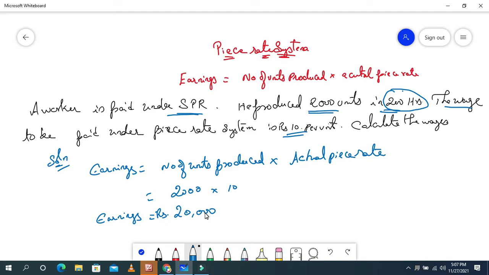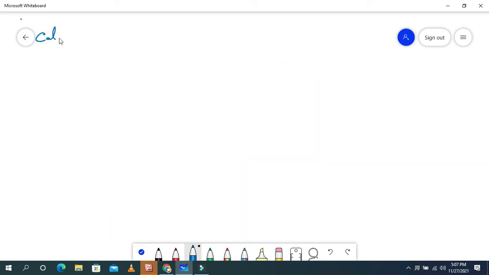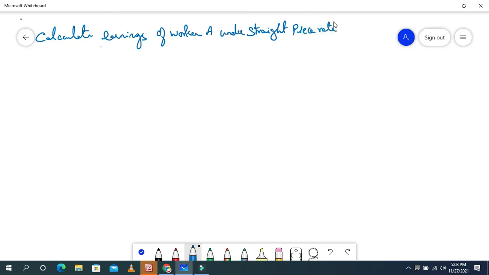Okay, so we have one more question. Calculate earnings of worker A under the straight piece rate (SPR) system.